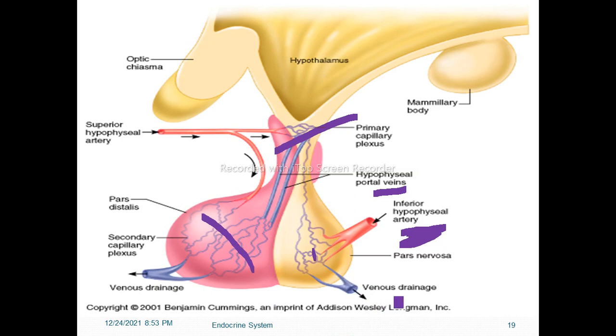So this is venous drainage. Like other organs, there is also arterial blood supply: the superior and inferior hypophyseal arteries supply the pituitary gland, and similar veins drain it.